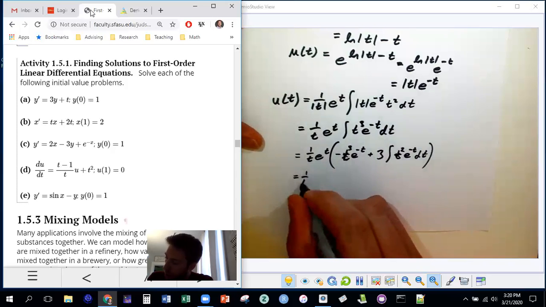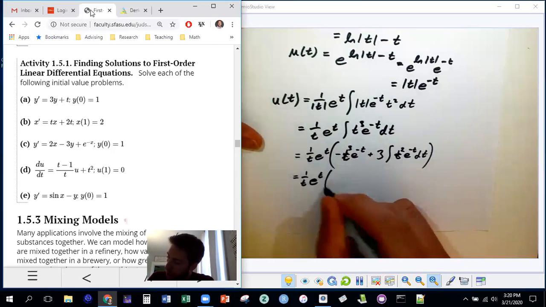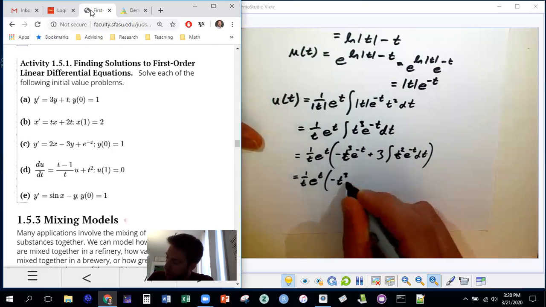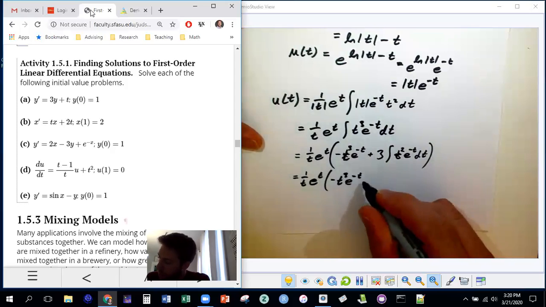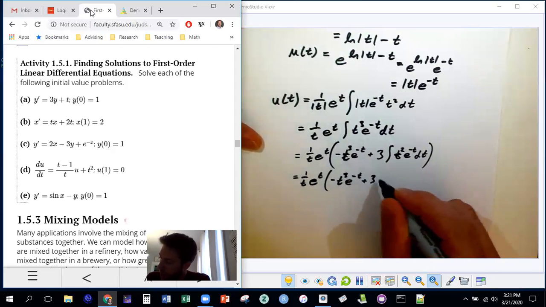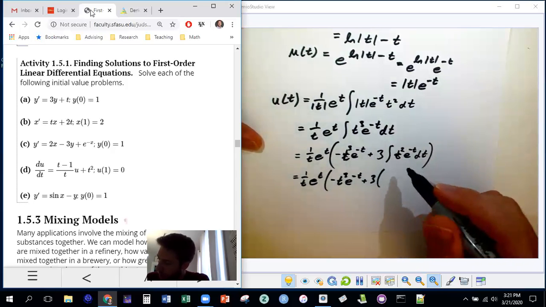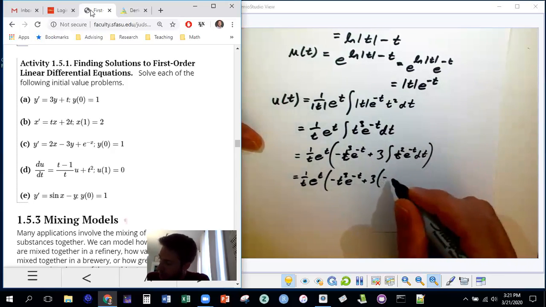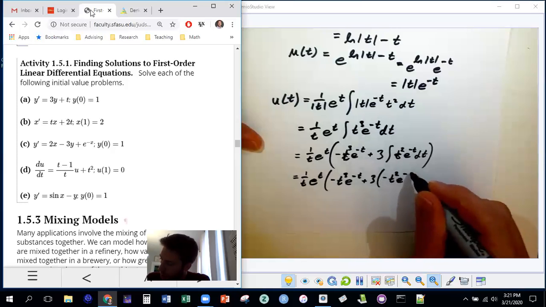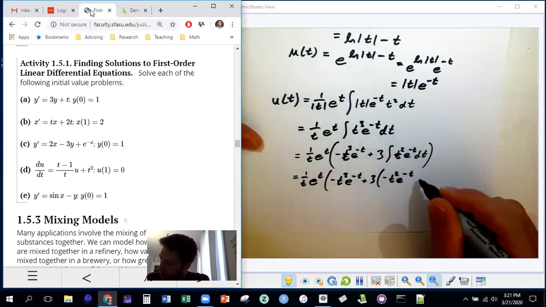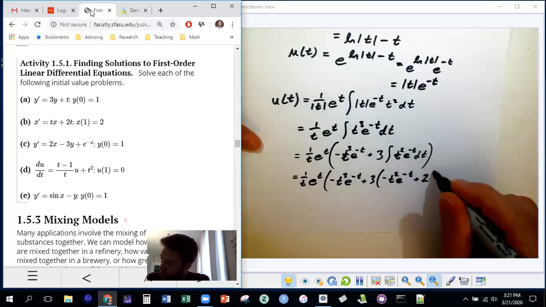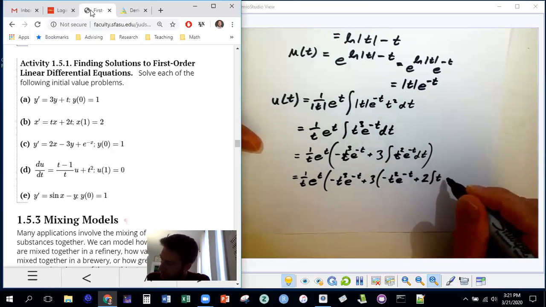Equals 1 over t e to the t times negative t cubed e to the negative t plus 3 times, and here this becomes negative t squared e to the negative t, minus a negative, so plus 2 times the integral of t e to the negative t dt.